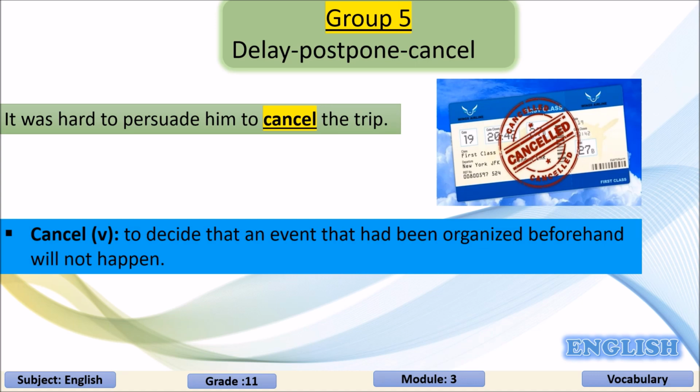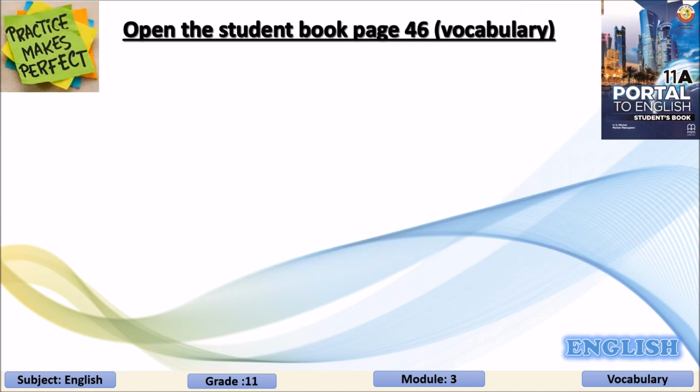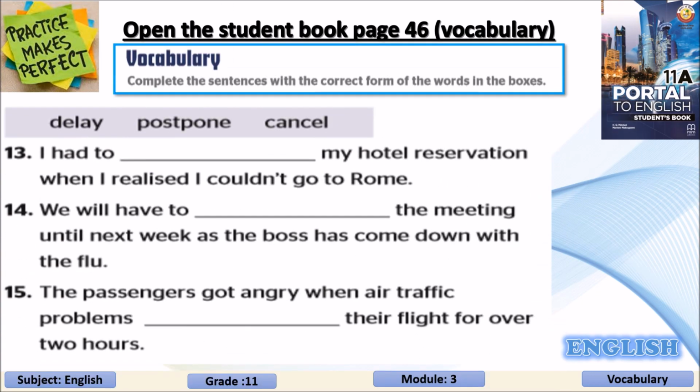All right. Let's check our understanding and go through the sentences 13 to 15. I had to my hotel reservation when I realized I couldn't go to Rome. Very good. I canceled because I'm not going to Rome. So we will have to the meeting until next week.